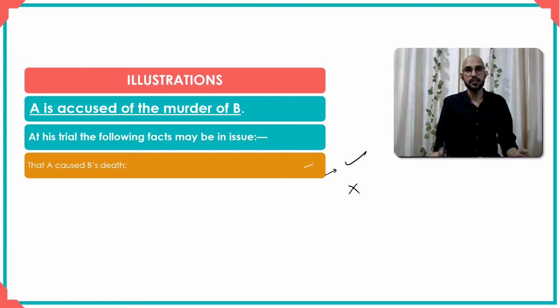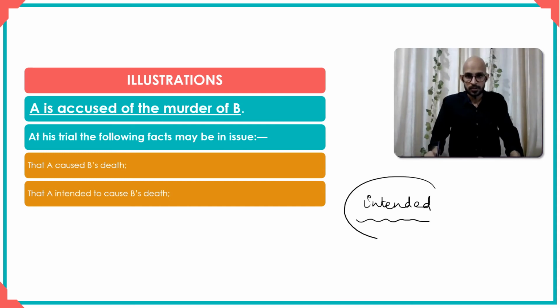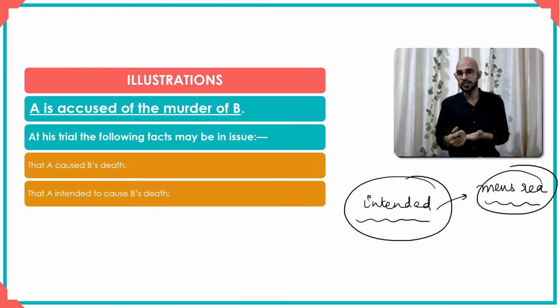The next illustration, which has been given here as a fact in issue: that A intended to cause B's death. How is this a fact in issue? Think about it. A person intended to cause B's death. You see, if intention is there, if mens rea is there, that's an essential ingredient of the offense.